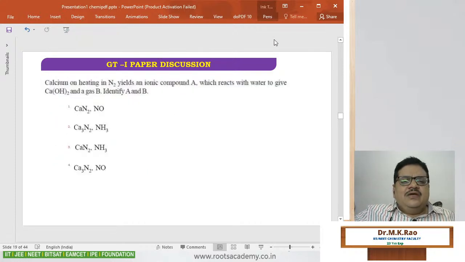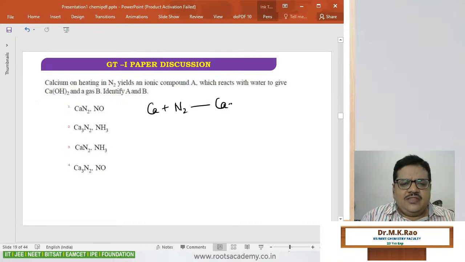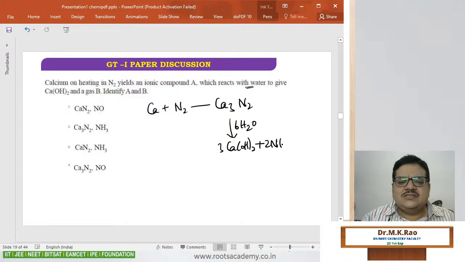Next, calcium on heating with N2 yields what? Calcium upon heating with N2 forms calcium nitride. Ca plus N2 forming Ca3N2. Which upon reaction with 6 mole of water forms calcium hydroxide and liberates ammonia gas.